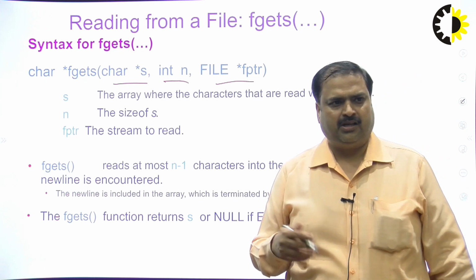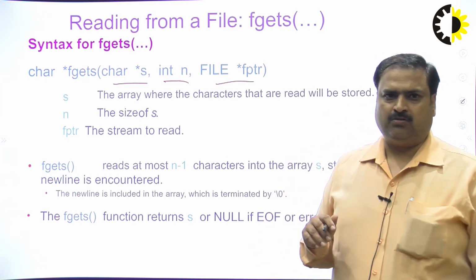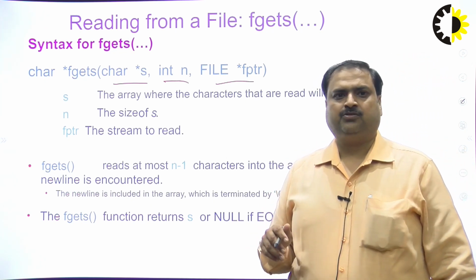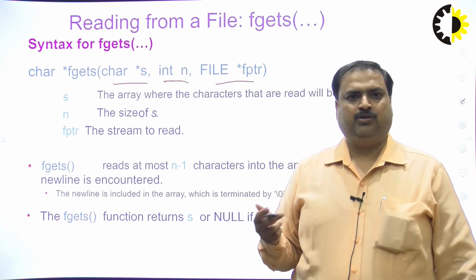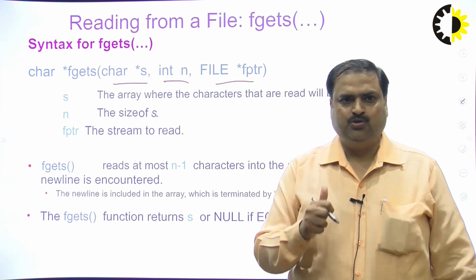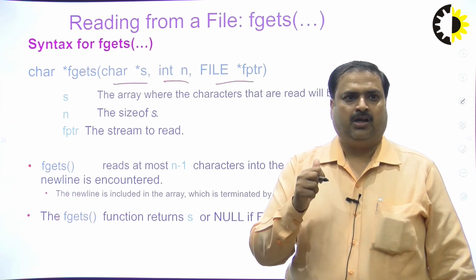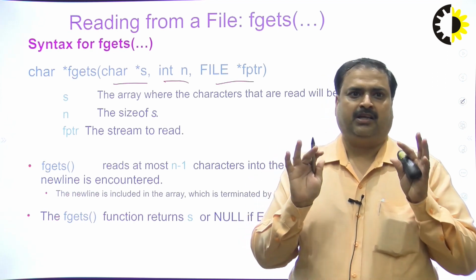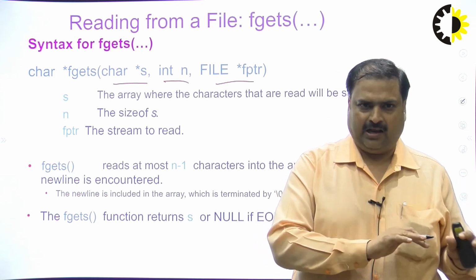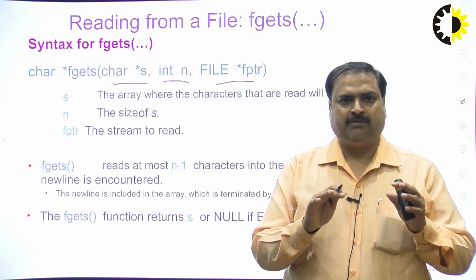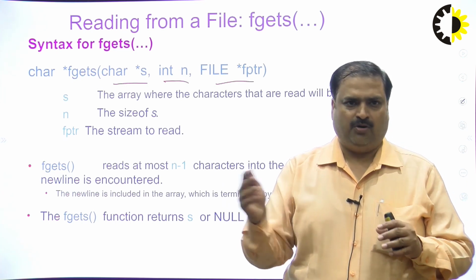It is similar to gets, but gets is now deprecated, so we need to use fgets. This is an interesting fact: fgets is not only for reading from a file. We can also use fgets for reading from the keyboard.